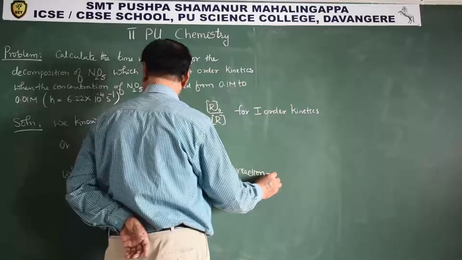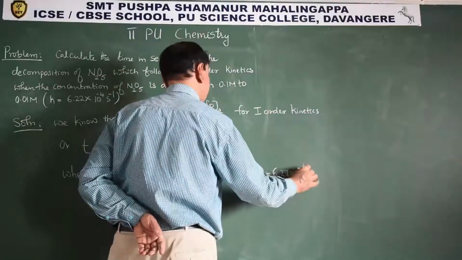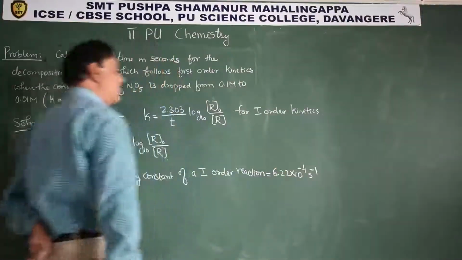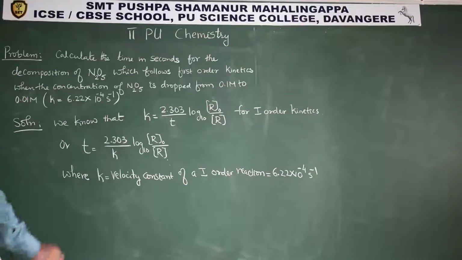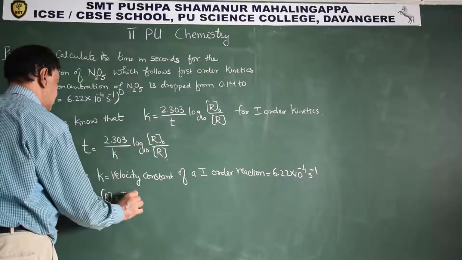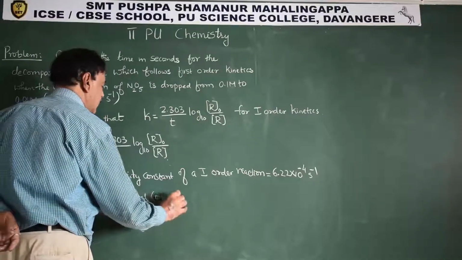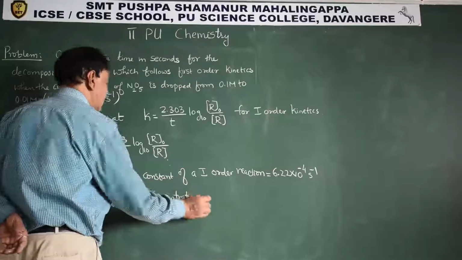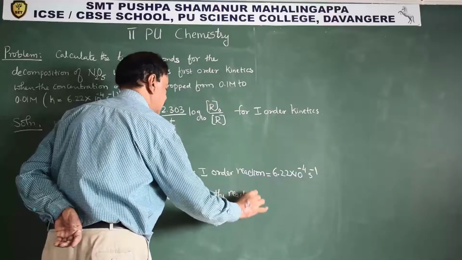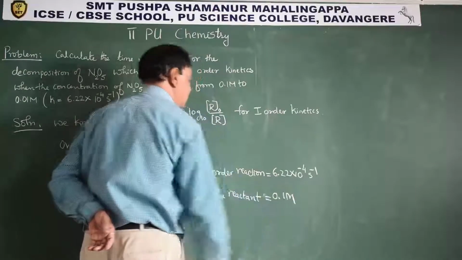is equal to 6.22 into 10 to the power of minus 4 per second, and R naught is the initial concentration of the reactant, that is equal to 0.1 molar.